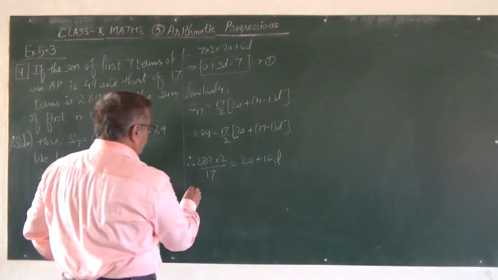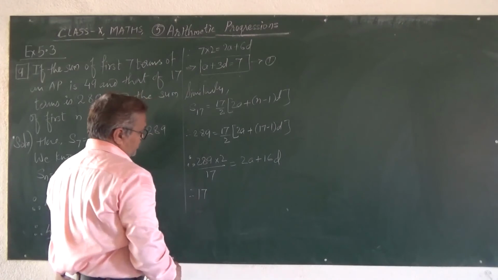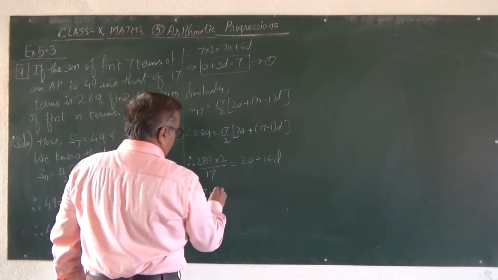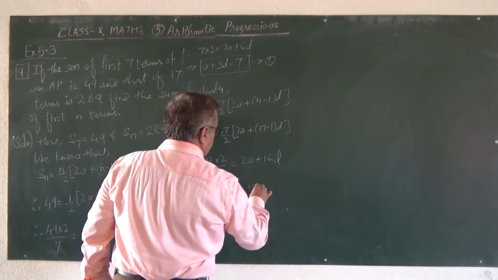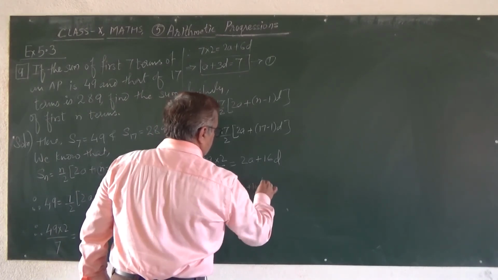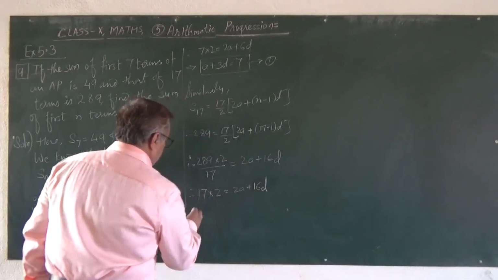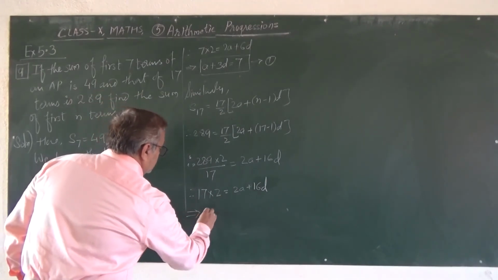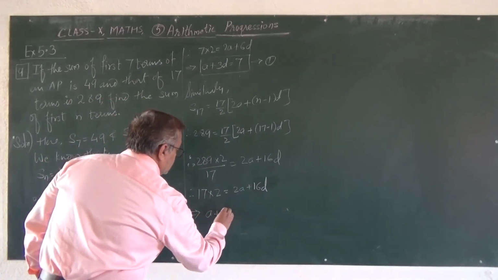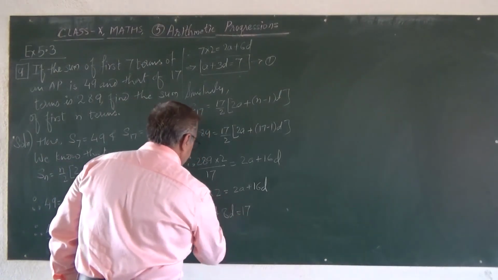So 17 17s are 289, the square of 17 is 289, multiplied by 2 is equal to 2a plus 16d. On dividing by 2, we are going to get a plus 8d is equal to 17.